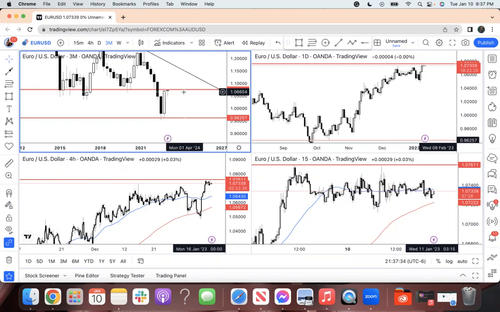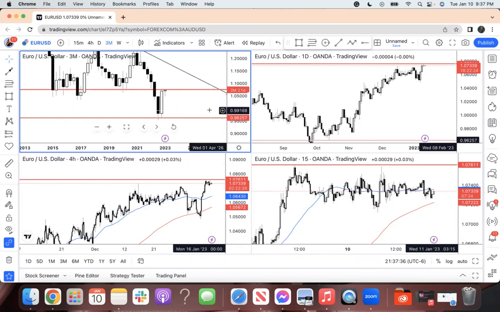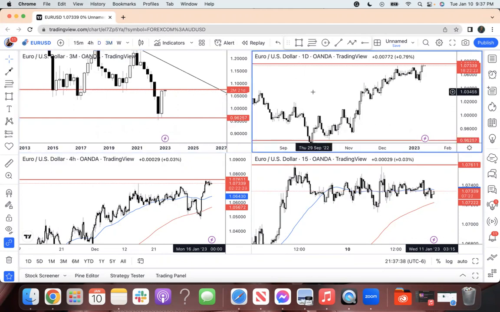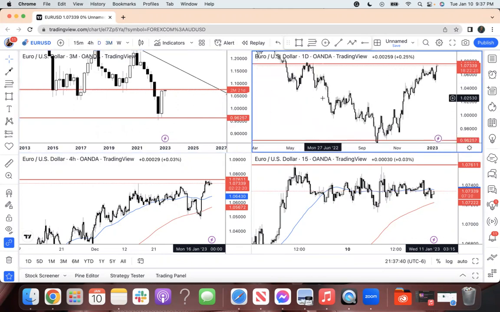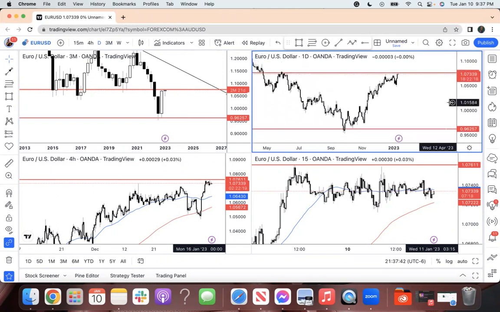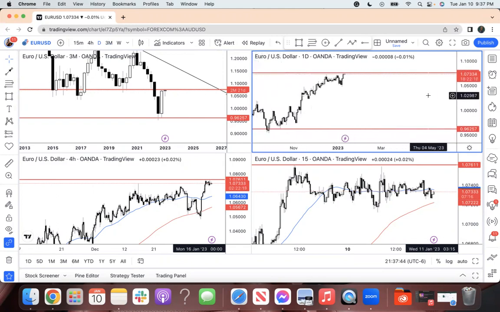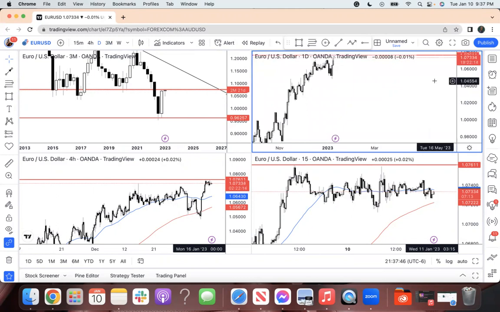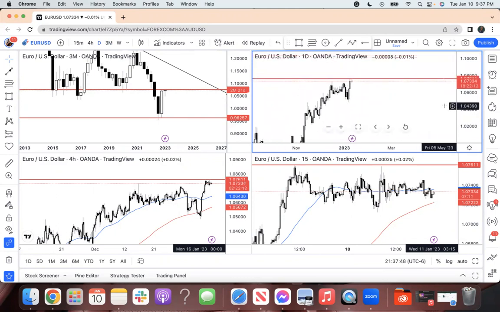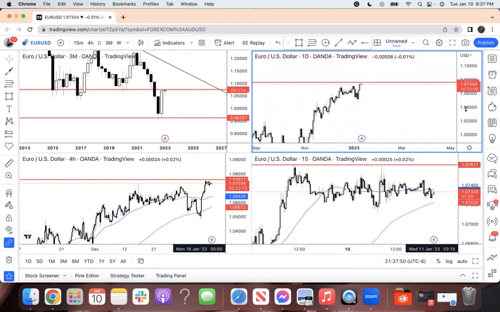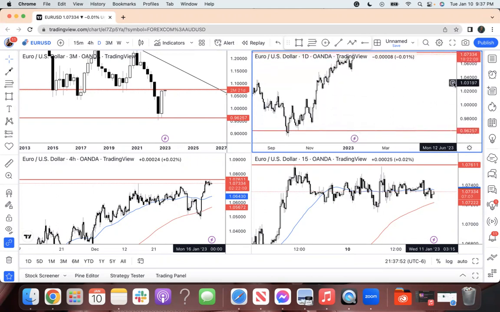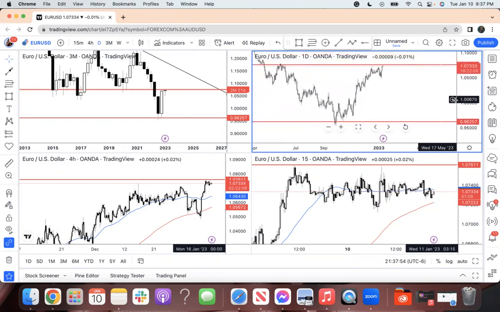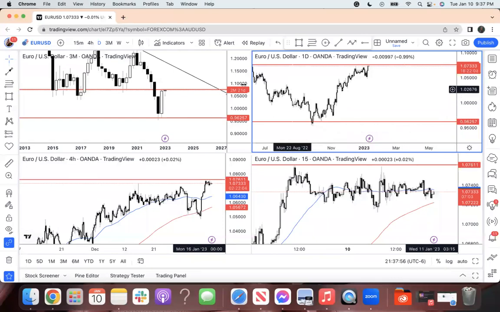So now I'm going to go over to my daily chart. On the daily time frame, we can see that even though price has been in a downtrend, we are temporarily in an uptrend.